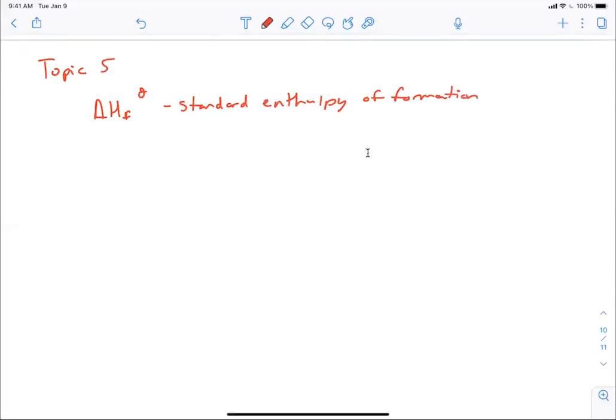We will go into the calculations of like Hess's law and using enthalpy of formation, enthalpy of combustion next week when we spend the whole Saturday session on calculations. And so we will see that again next week. But right now, I just want to establish definitions so that you can discuss them.